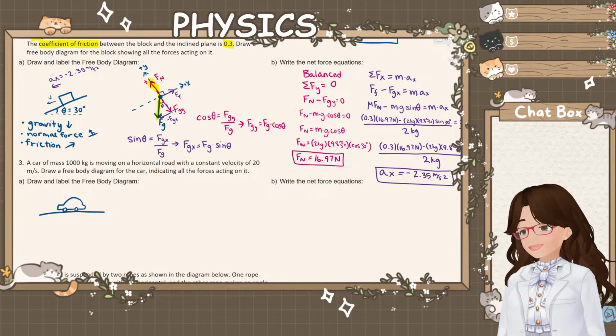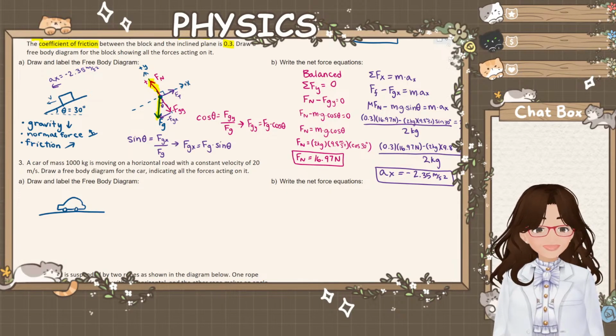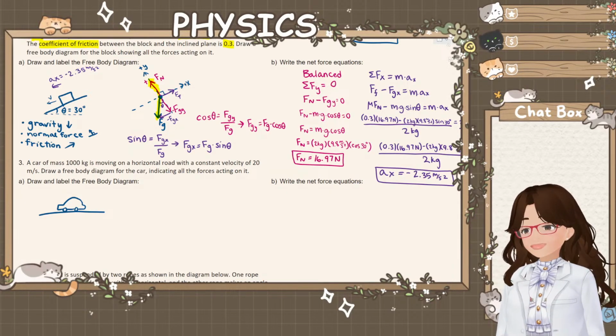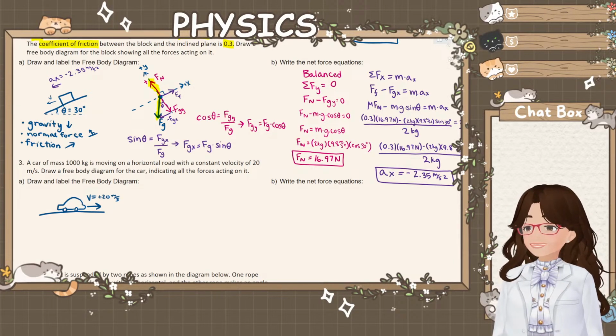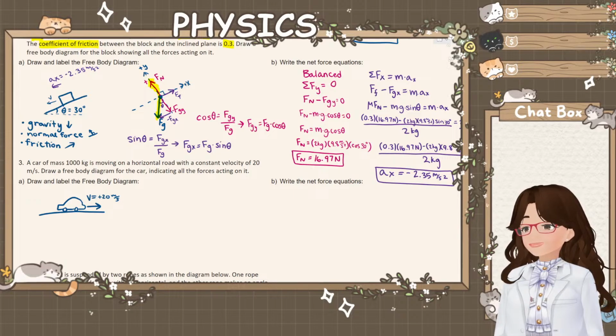It's artistic liberties. We are told that it's moving with a constant velocity of 20 meters per second. Because it doesn't give us a sign, I'm assuming that it's positive. So it's moving to the right. And we have that it's on a flat surface.